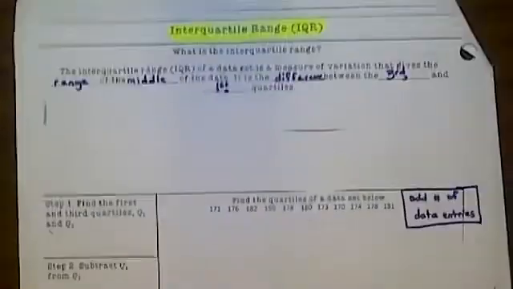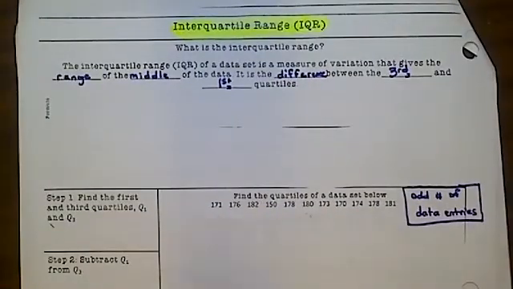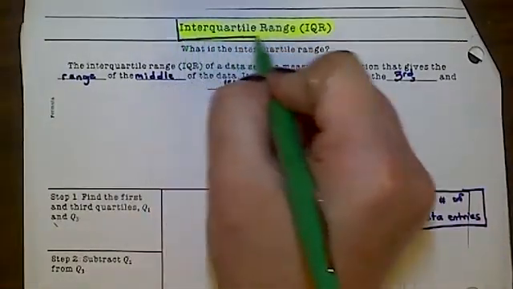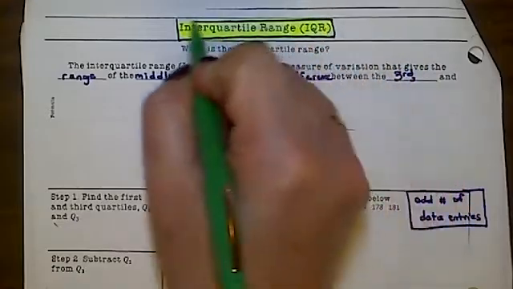Okay. Now, as we go to the next one, this definition deals with the interquartile range. So some of this is going to come back and review over what I just spoke with you about. And the symbol for that is IQR.